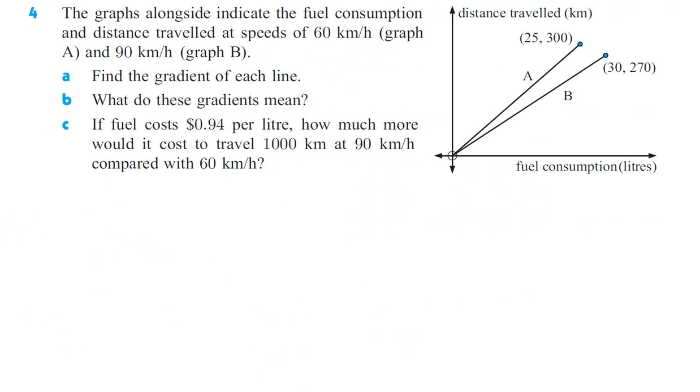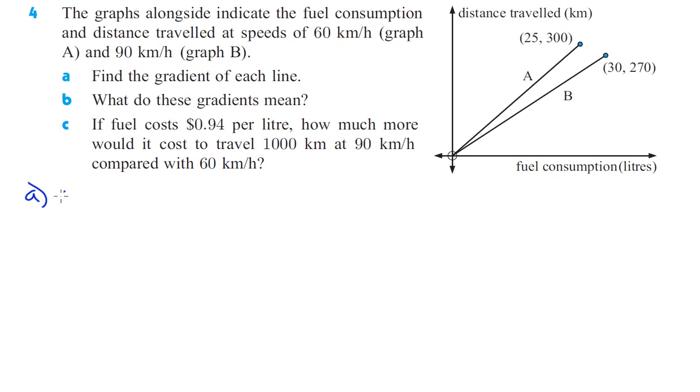Moving right along, let's take a look at number 4 here. Graphs alongside indicate the fuel consumption and distance traveled at speeds of 60 kilometers per hour, graph A, and 90 kilometers per hour, graph B. Find the gradient or slope of each line. They both start at 0, 0, which makes it really nice for us.